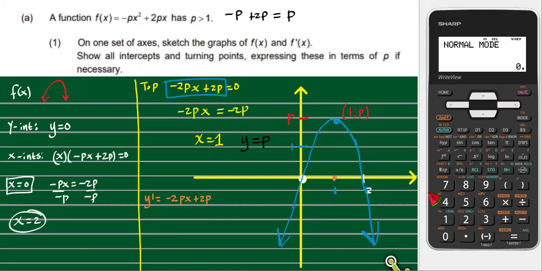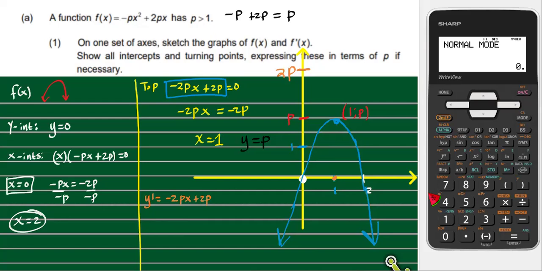But then to get the y-intercept, you put 0 in place of x. So when you put 0, this is gone. You've got 2p. So 2p must be above that p there. It must be a line way up above. Let me shift it up there. Maybe we can put it right at the top there and say, guys, we've got 2p.